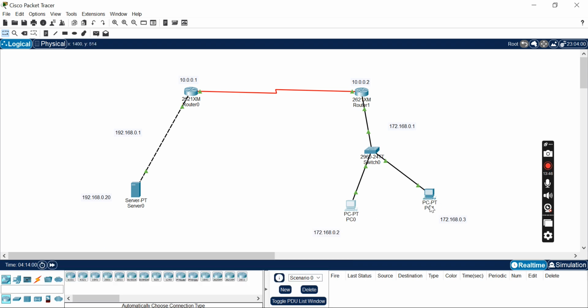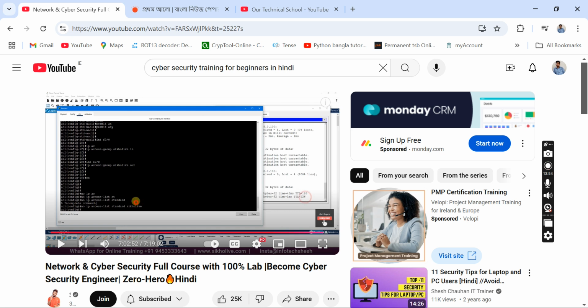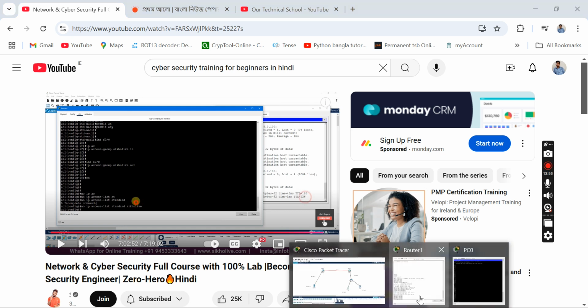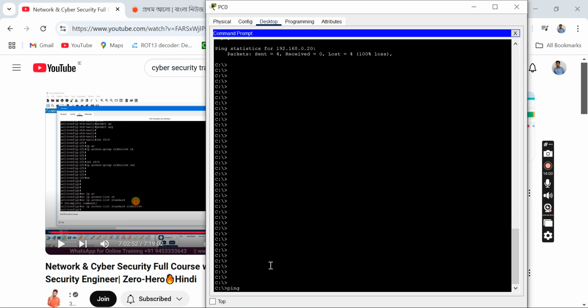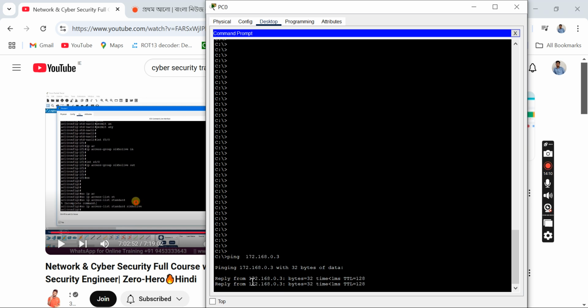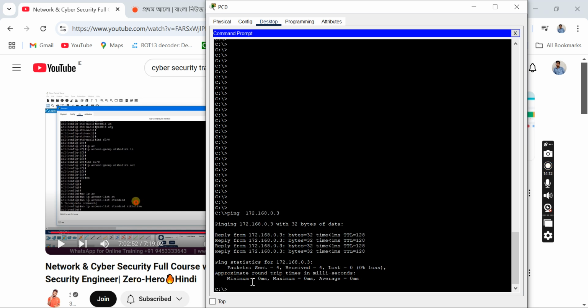So my other machine's IP address is 172.168.0.3. So what I can do at this moment is make the ping this way: ping 172.168.0.3. So the reply is coming with success, 100%.